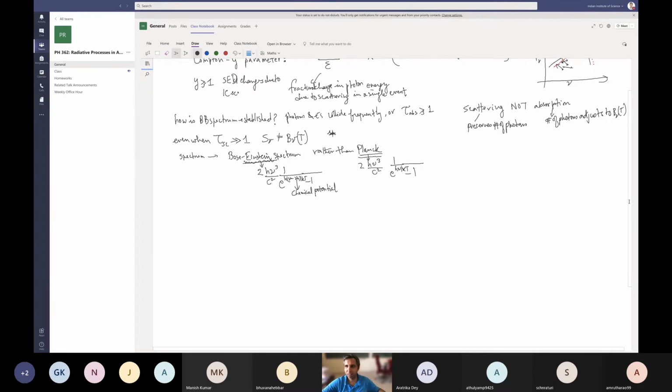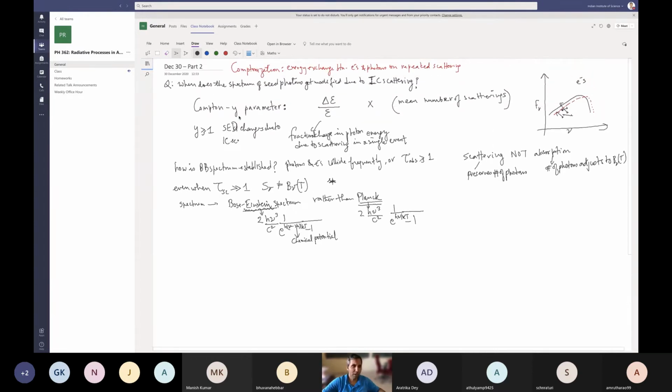So let me go back to the Compton-y condition, of when the spectrum gets modified significantly because of inverse Compton scattering. Let's calculate a few things.